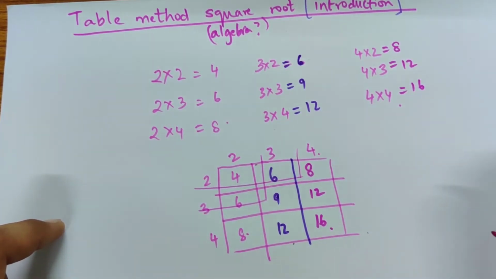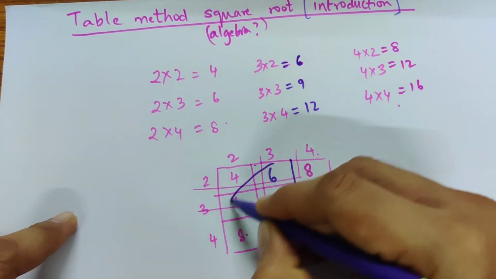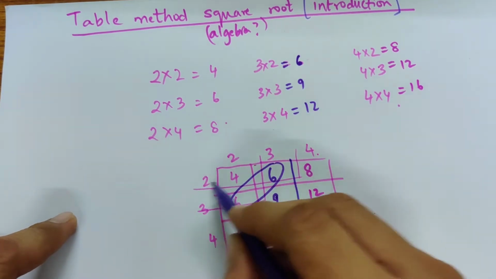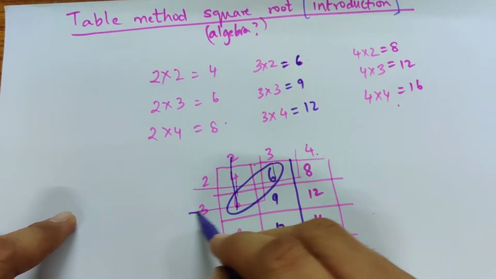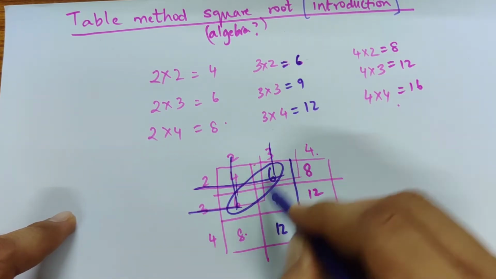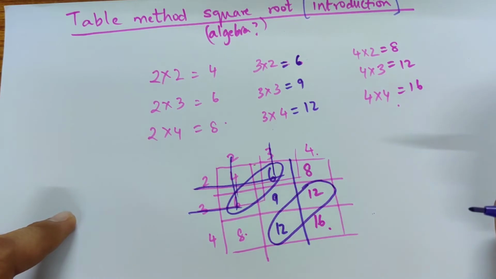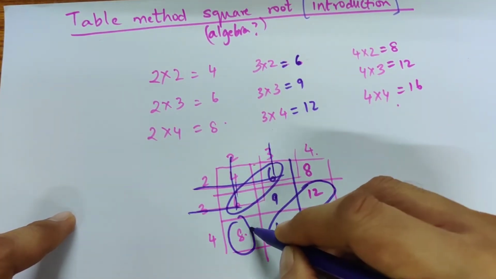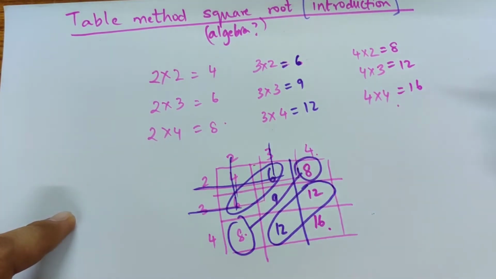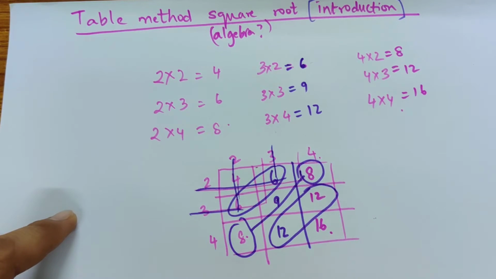And when you look at the patterns, you observe something very obvious. The first is that these two numbers are the same, because this is 2 threes are and this is also 2 threes are. So whether you look at it this way or this way, these numbers will be the same. Similarly, these numbers will be the same, 3 fours are and 4 threes are. And also these two numbers will be the same. So this pattern repeats whether it is in this or in algebra.